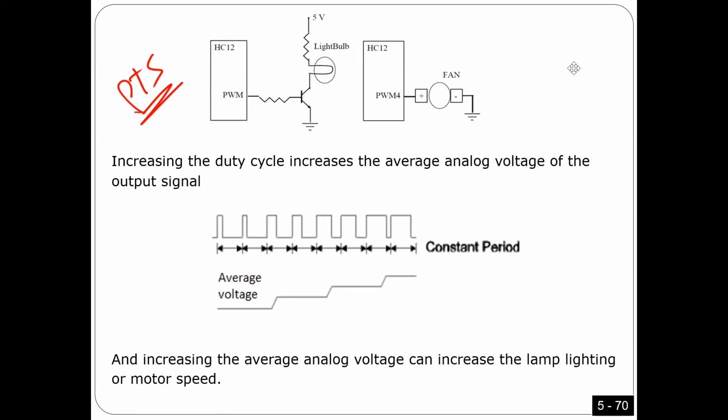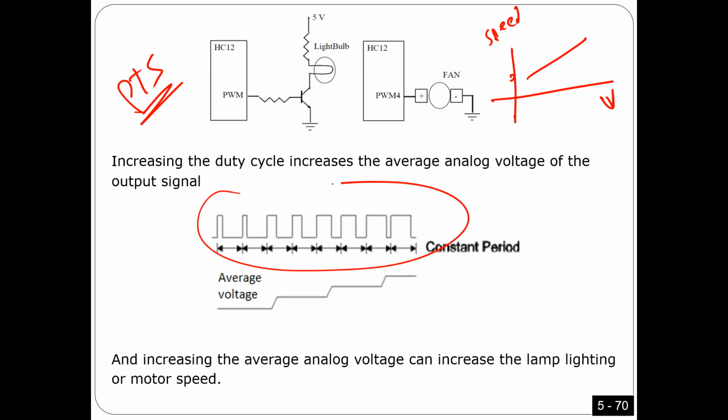In many loads, like a light bulb, or a fan like this one here, or a motor, I can control the speed of the motor by controlling the voltage. As I increase the voltage, the speed of the motor increases, it can be something like that. So how do I increase the voltage? You can easily increase the voltage by increasing the duty cycle.